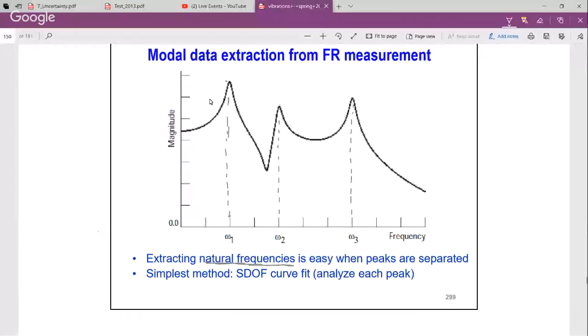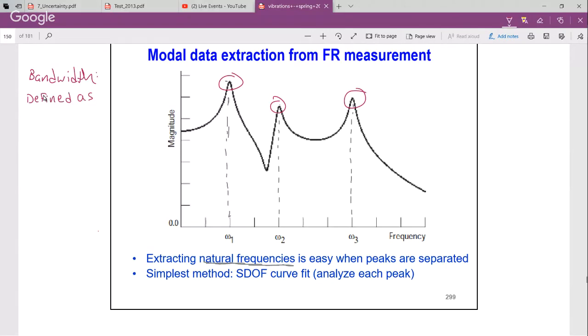So first of all, wherever it peaks, we can extract the natural frequencies. You've got three peaks, which make up the natural frequencies. You guys have heard the term bandwidth. When you've got a narrow band like this, which is not so narrow, the bandwidth is defined as what? It's a frequency range, but what defines the range is what we call the half power points.